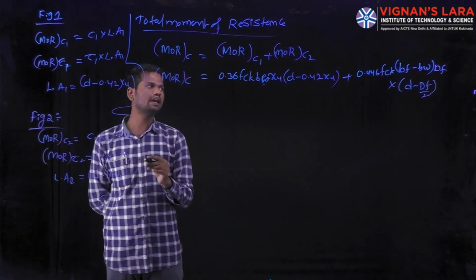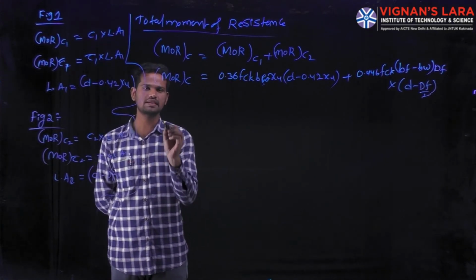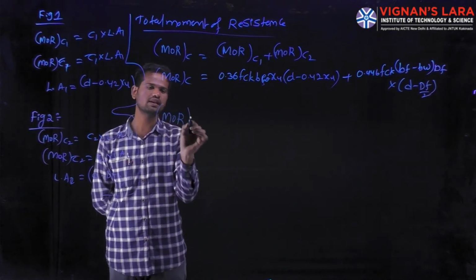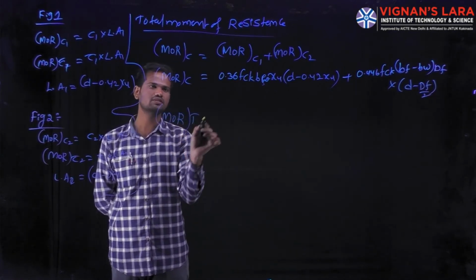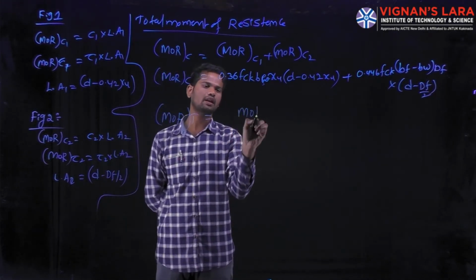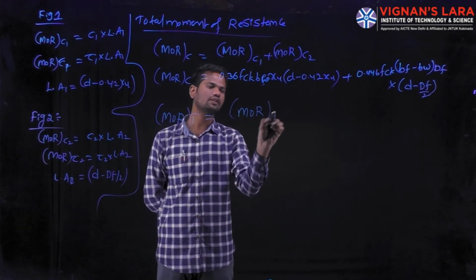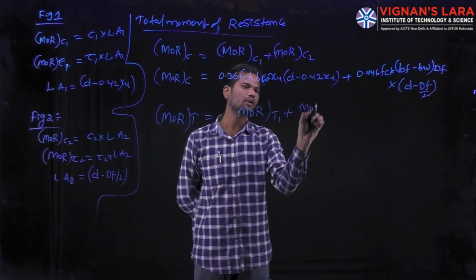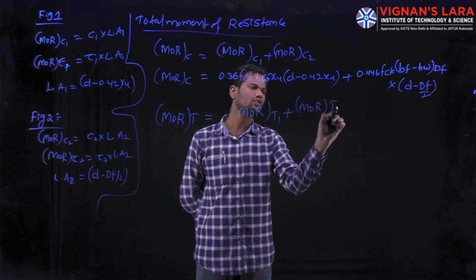As well as we will calculate the total moment of resistance for the tension zone, that is, MOR T equals the moment of resistance in tension zone T1 plus the moment of resistance in tension zone T2.